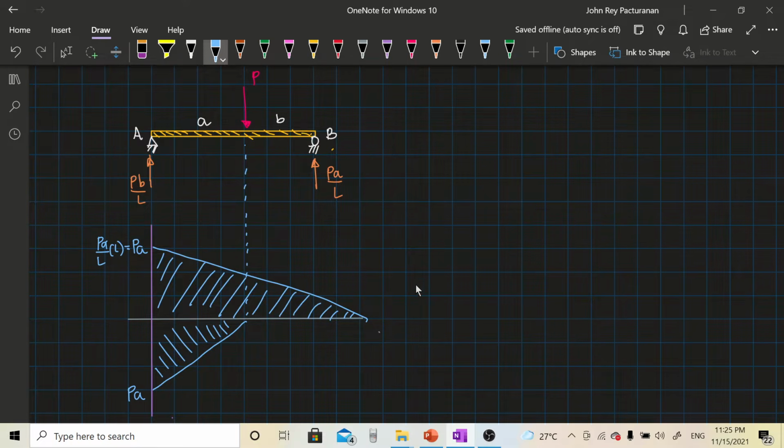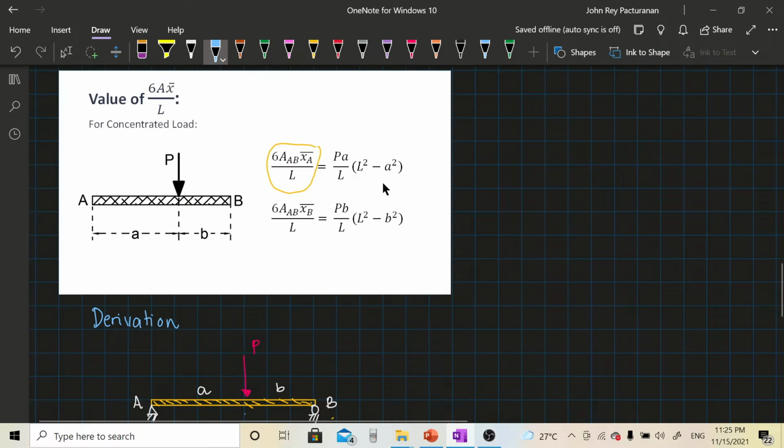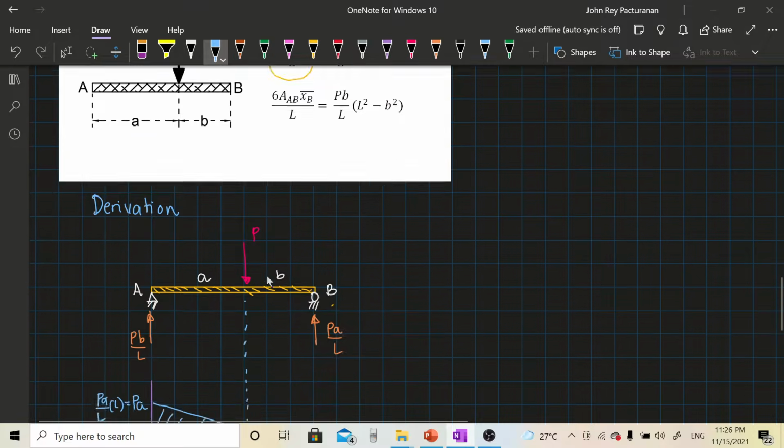So, ang patutunayan ko lang dito in this derivation is the first one because once I illustrate the derivation of this one, kayo na bahala dito sa pangalawa. Okay?